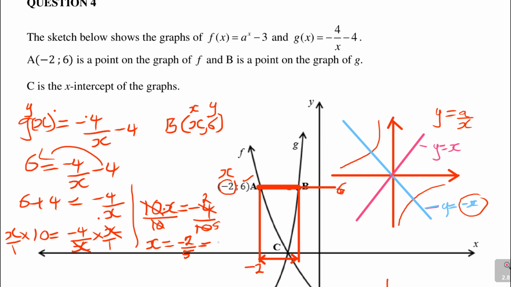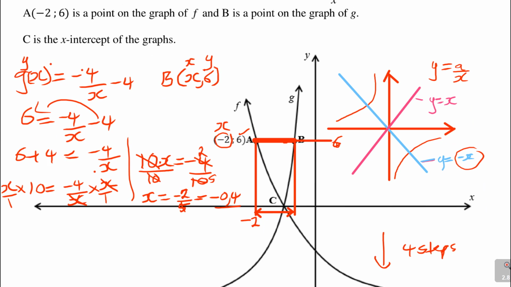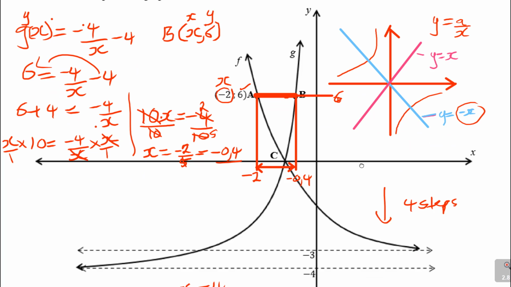If you use the calculator, you press 2 over 5, it's negative 0.4. Alright, so I'm doing that so that I can separate easily. So here you've got minus 0.4. And I told you, you're just finding that distance.